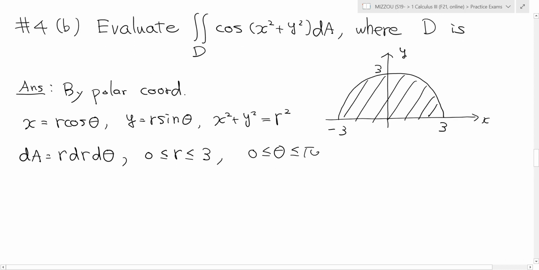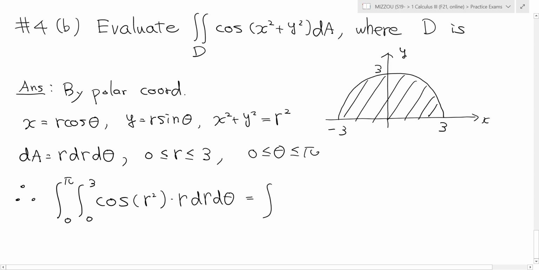So therefore, we get the integral of cosine of x squared plus y squared, that's r squared, and then dA is r dr d theta, where r is between 0 and 3, and theta is between 0 and pi.